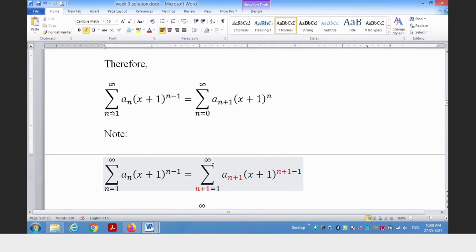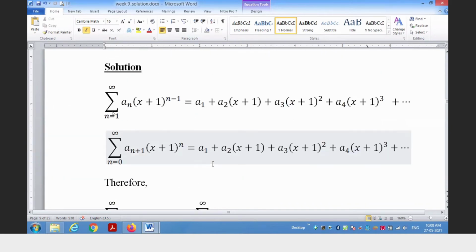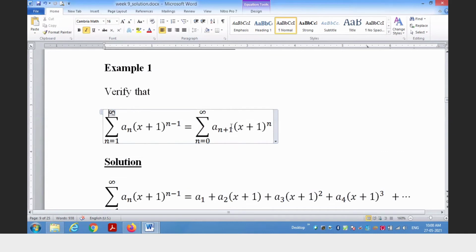Okay, we shift the index. For example, you want to show that this is the same as this, or this is the same as that, right? So if, for example, you want to shift, you want to make the power equal, right? Because the power here is n plus 1, n minus 1.